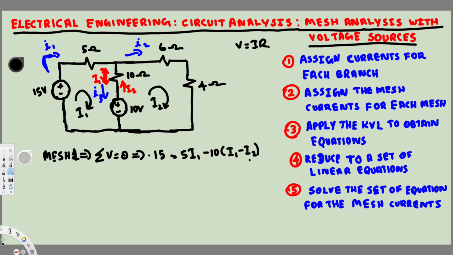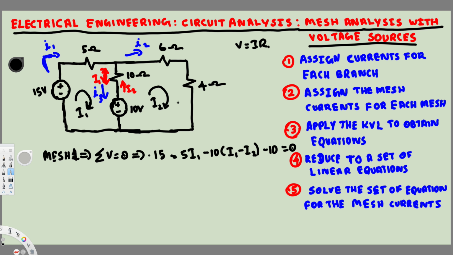So this is going to be I1 minus I2. And this current is flowing clockwise, going through plus to minus, so it's going to be a negative 10 volt. So that's equal to 0. That's the first equation, the Kirchhoff's voltage equation for the first mesh.